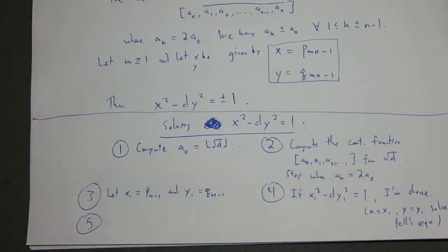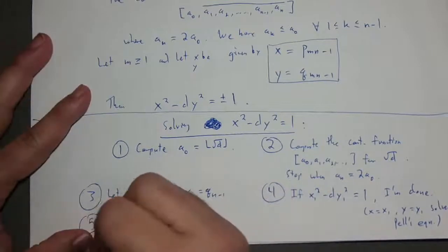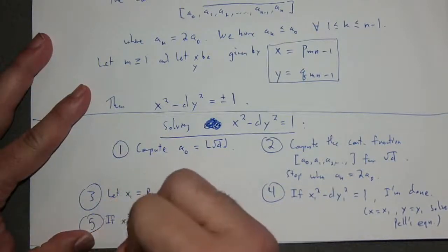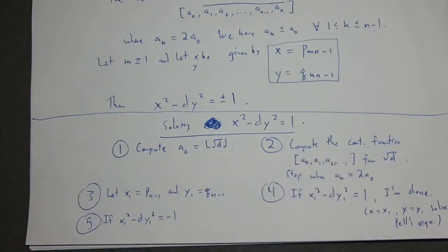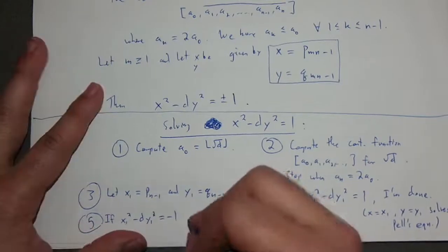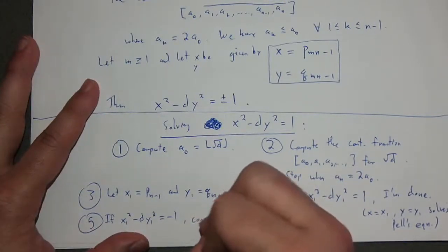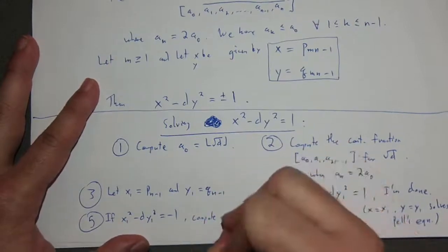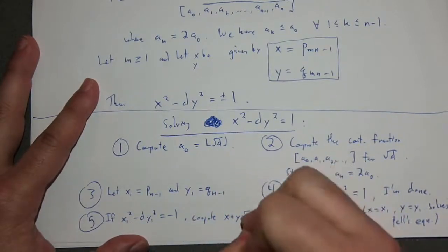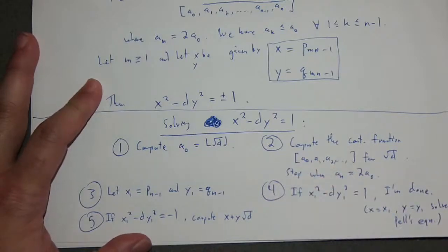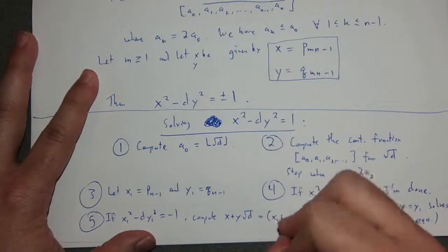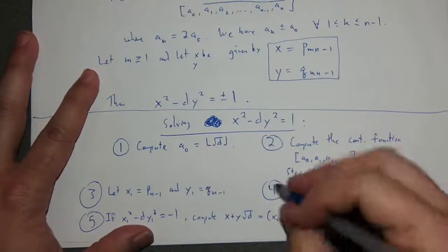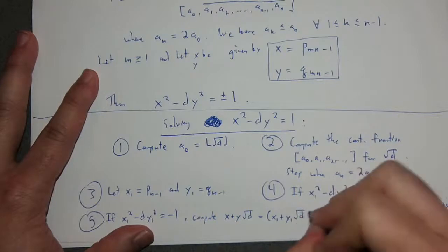And lastly, if I'm in the other case, if x sub 1 squared minus d times y sub 1 squared is equal to minus 1, because that's what the theorem guarantees, it's either plus or minus 1, then I compute whatever x and y are, such that x plus y times square root of d is equal to x sub 1 plus y sub 1 times square root of d, squared.